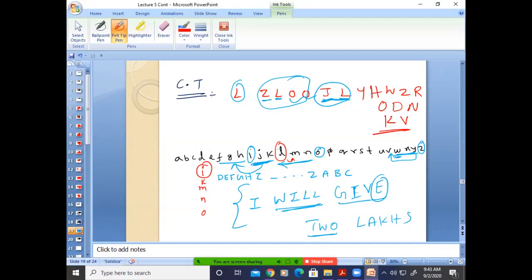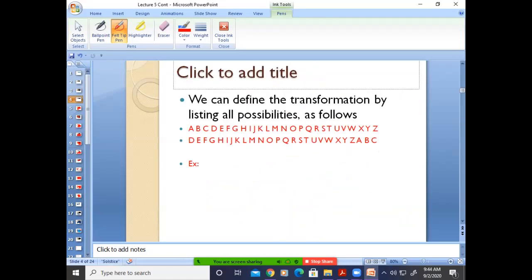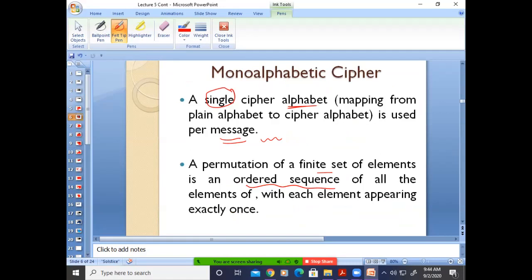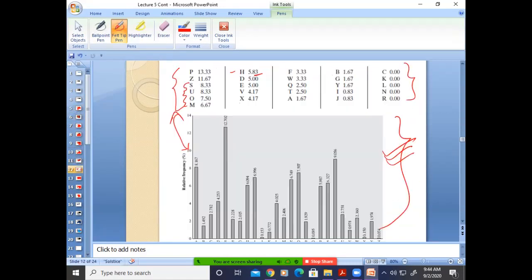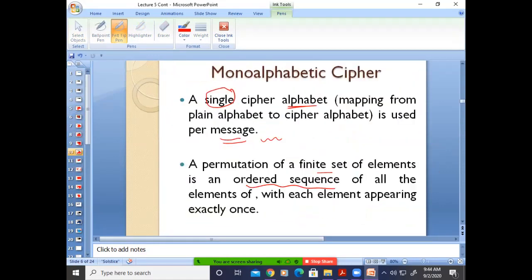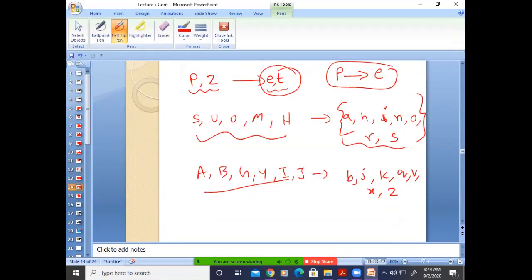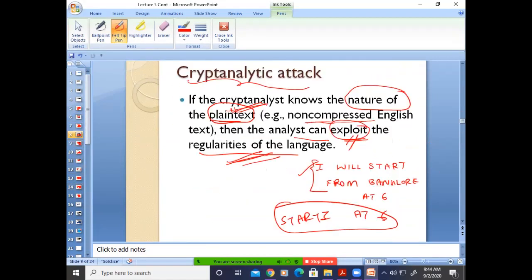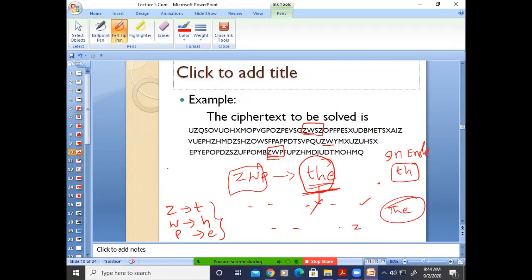Yes, sir. If the message is very lengthy, we have to go for the frequency of the letters. So this was the message.